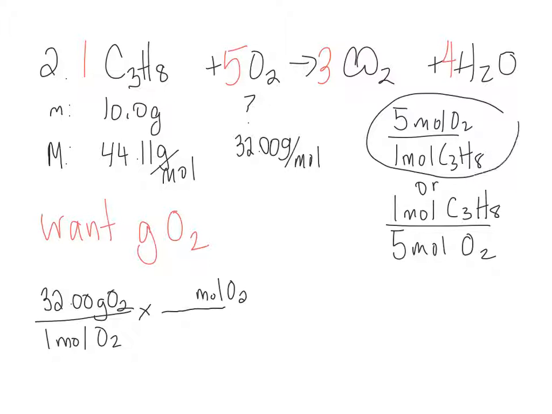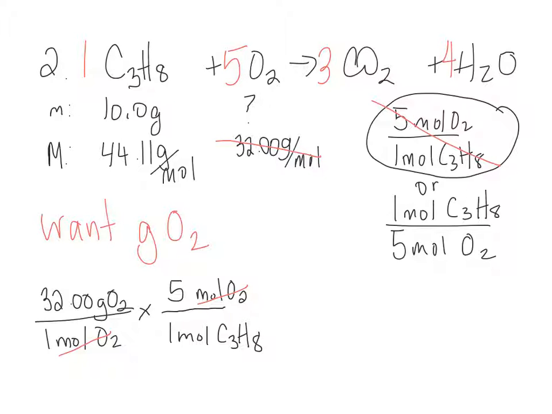Yeah, right here. We've got a mole ratio. There's 5 moles of oxygen for every 1 mole of propane. So we've now used our molar mass of oxygen and our mole ratio, and we can actually cancel moles of oxygen, which is awesome.